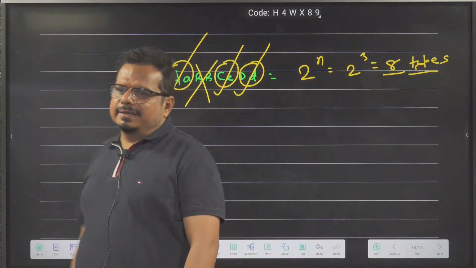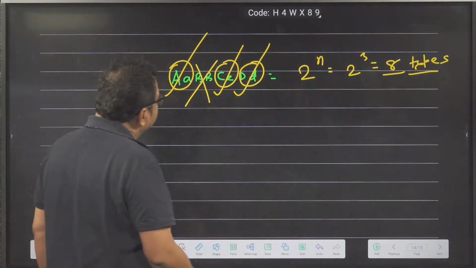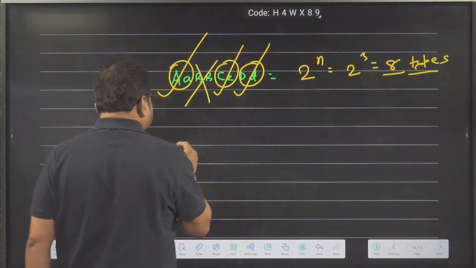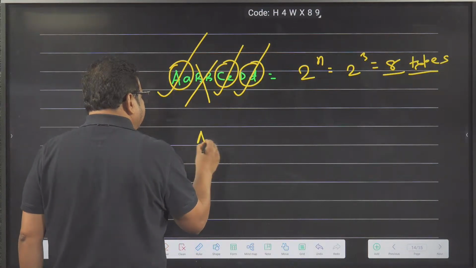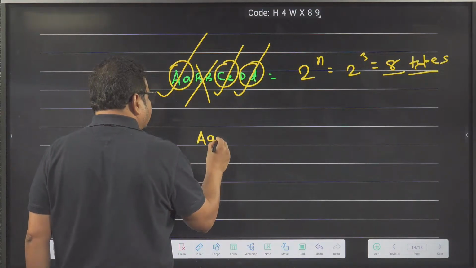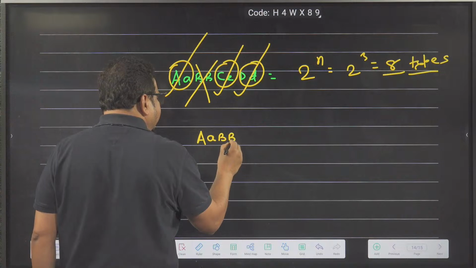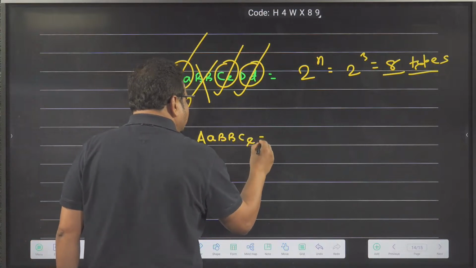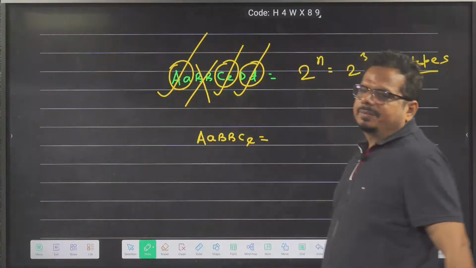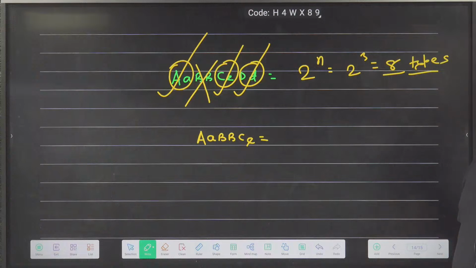Now I am asking another question. Capital A, small a, capital B, capital C, small c. How many types of gamete will come? Fast. Say it fast.